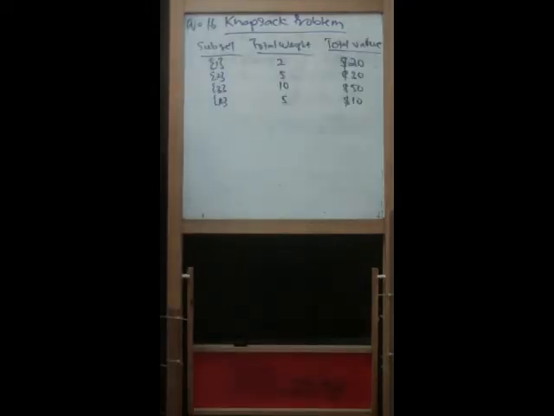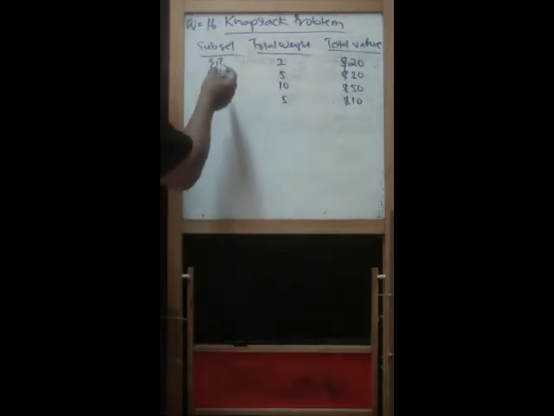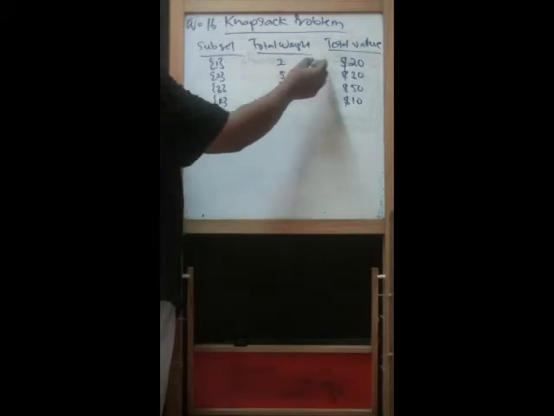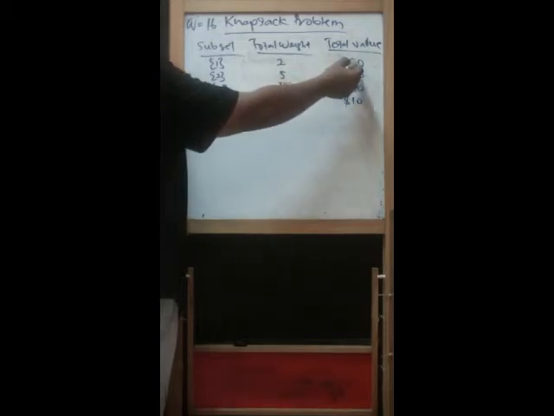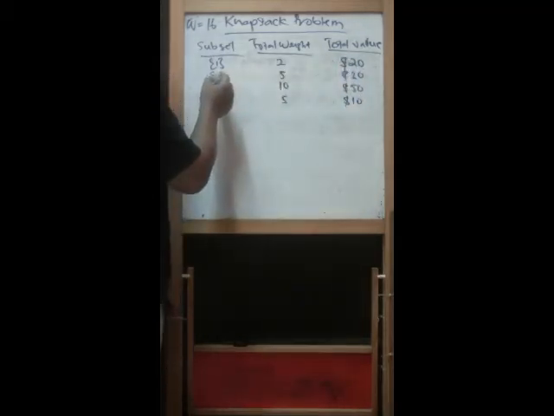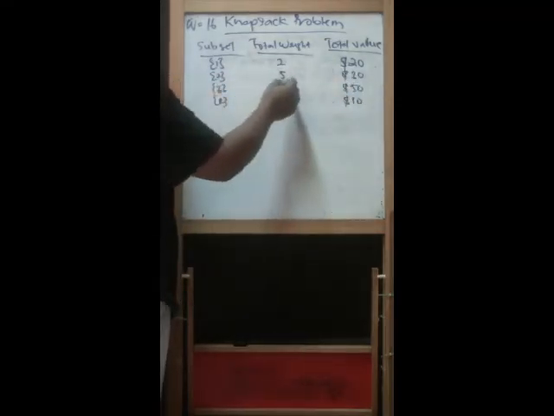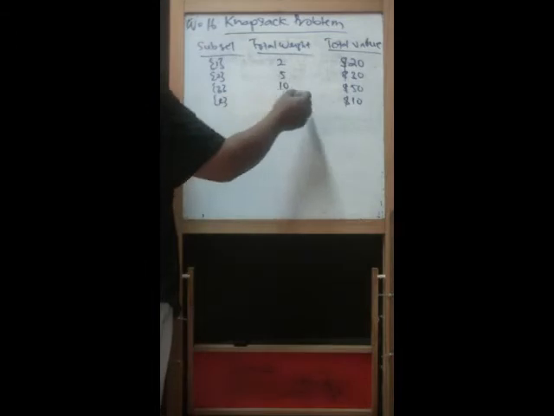To solve this knapsack problem, we have to list the subsets, as in the example just now. Set 1, total weight equal to 2, total value 20 ringgit. Set 2, 5, 30 ringgit. 3, 10, 50 ringgit. 4, 5, 10 ringgit.